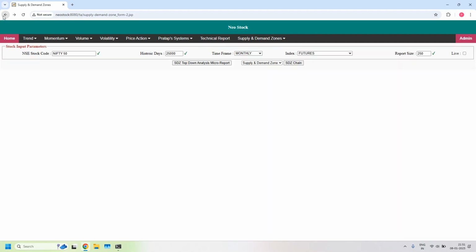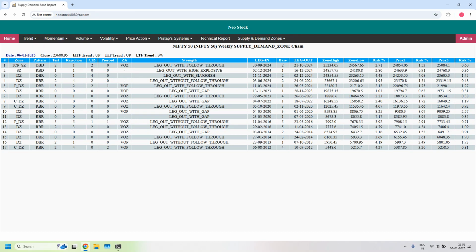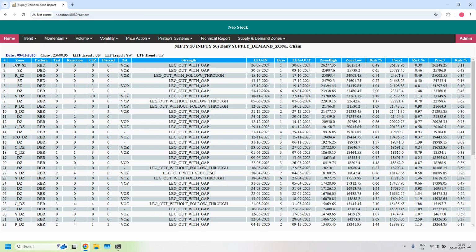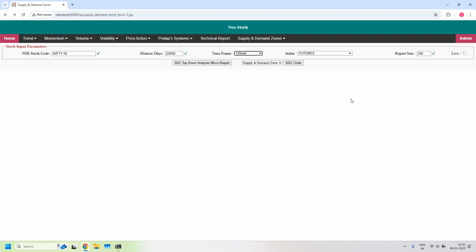Okay, next, weekly time frame, generating weekly supply demand zone chain for NIFTY. Okay, next, daily supply demand zone chain for NIFTY. Next, 125 minutes supply demand zone chain for NIFTY.